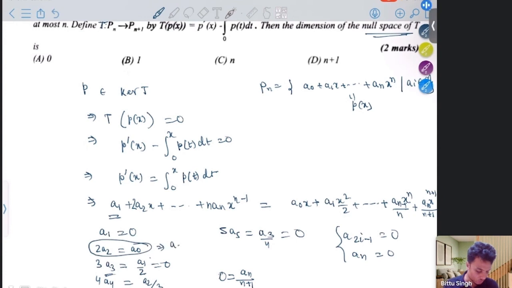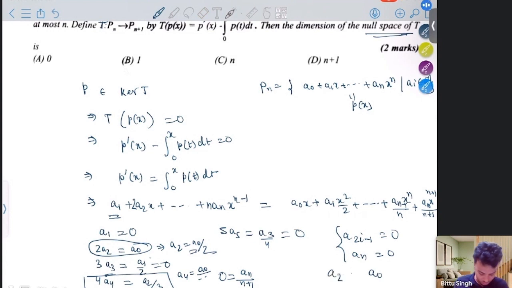That is, a2 is a0 by 2. Similarly here a4 is a2 by 12. Now putting the value of a2, we can write a4 in terms of a0 by something. So all even terms can be written in terms of a0.